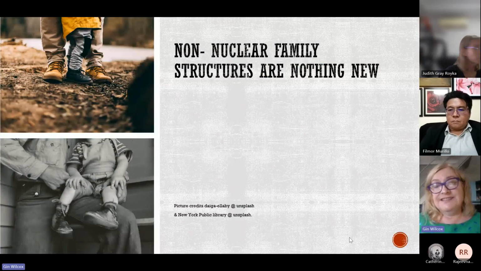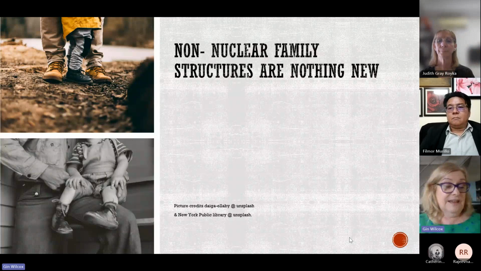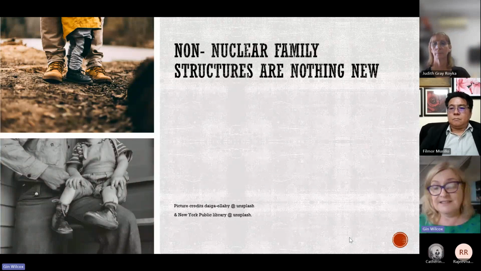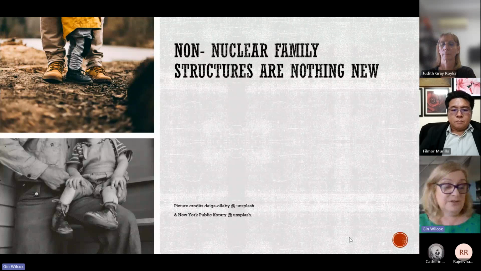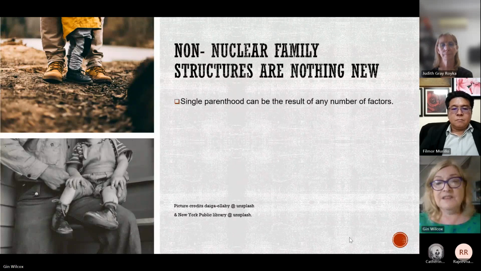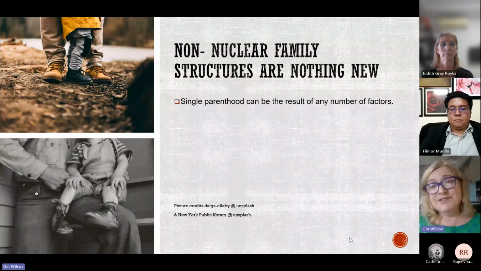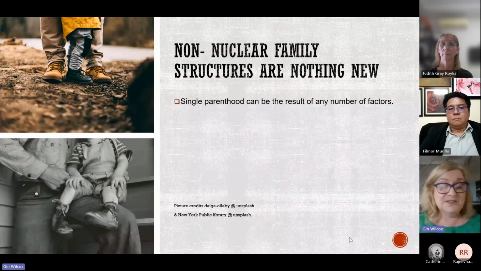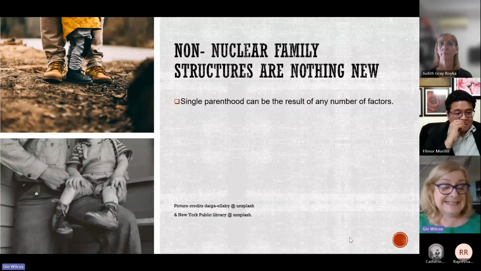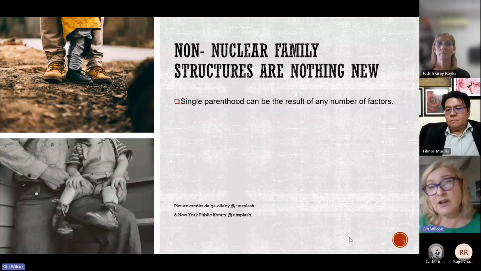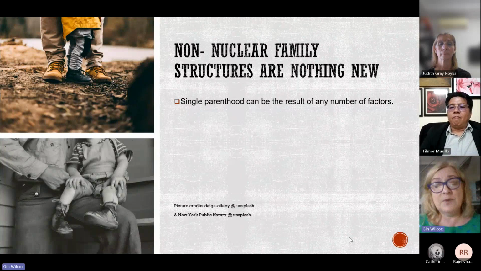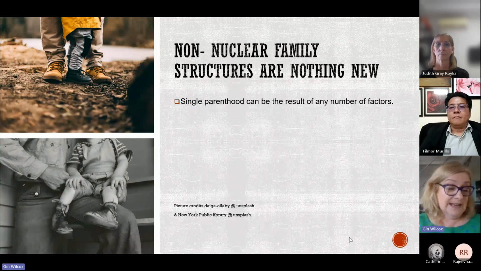Non-nuclear family structures are nothing new. Even in the distant past, there were different family structures. For example, single parenthood could be the result of any number of factors, and in history, it could be to do with war, famine, disease, or death in childbirth, in the same way that these can impact families now.